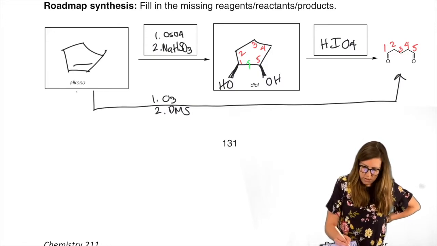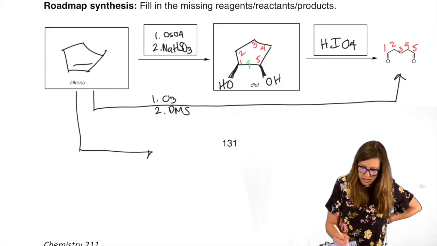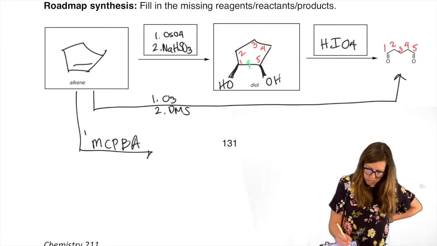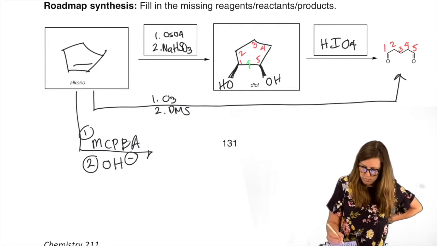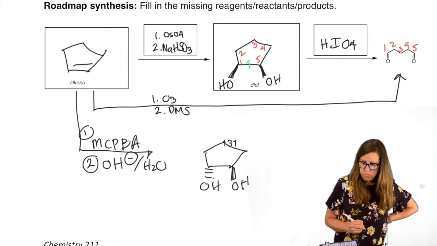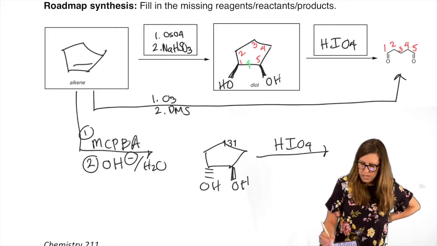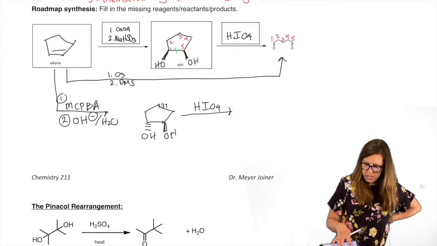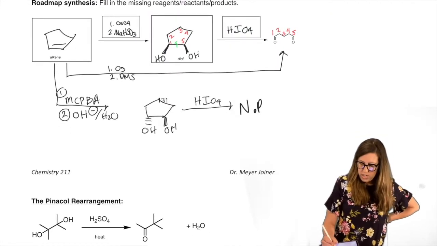What if we, instead of adding OsO4, added mCPBA, right? That's step 1. And step 2, we added OH minus, H2O. We would get our anti-diol, right? If I try to do periodic acid on that, because it's in a ring, no reaction.